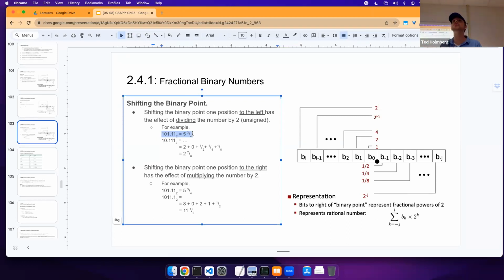And I'll have fewer values on the left side, which makes up the magnitude of my value, the integer component of my value. So if we then resolve our expression and add it together the way we just saw, instead of being 4 plus whatever it was, it's now going to be 2 plus 0 plus a quarter, a half plus a quarter plus an eighth. So if I resolve that, we could see it's going to be 2 7/8, which is half of 5 3/4.